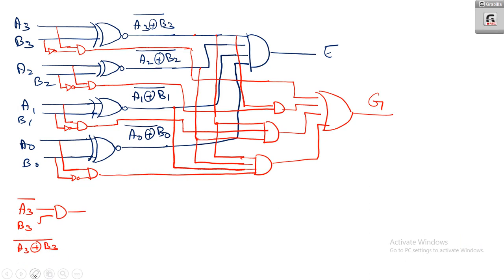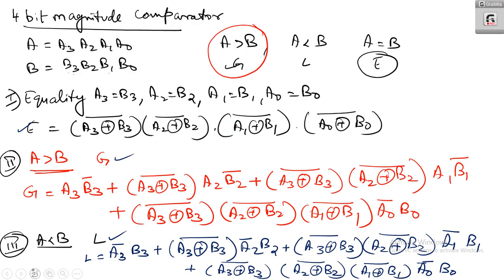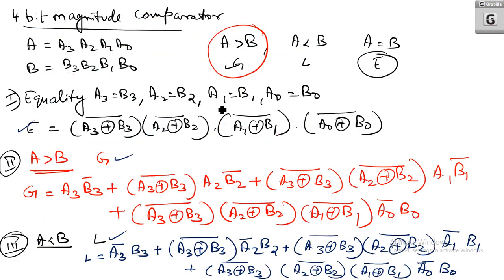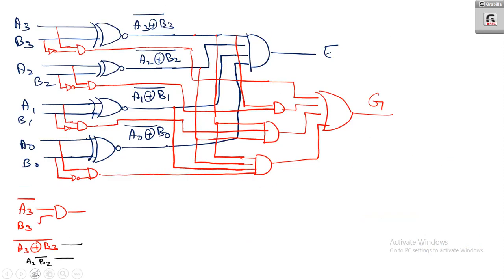That along with the A2 B2 bar. Assume that some operations have been done before that. Let me erase this. There is a space constraint over here.